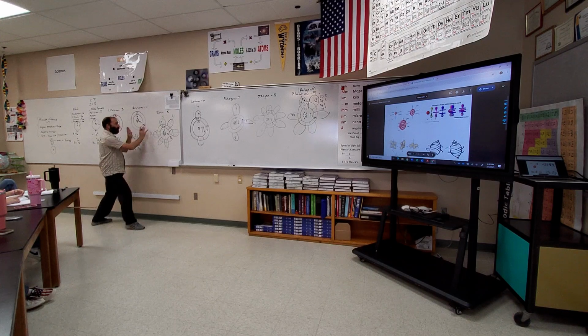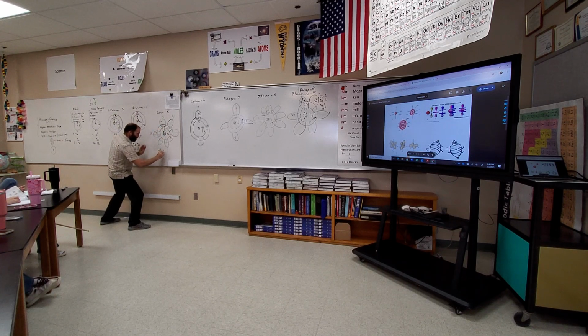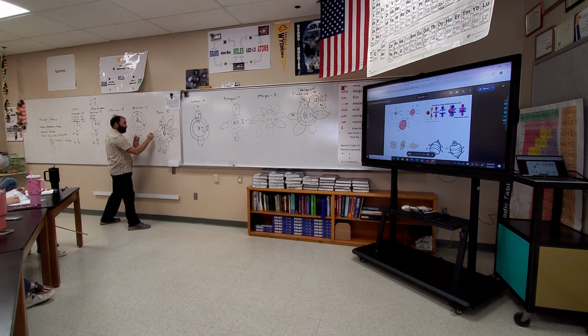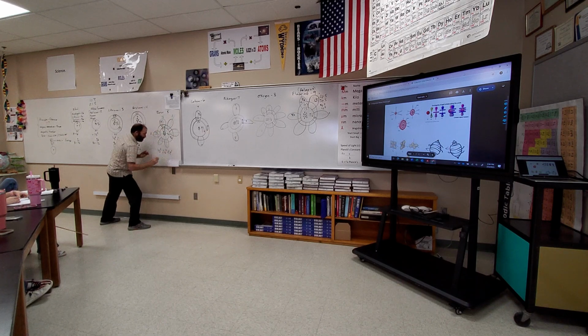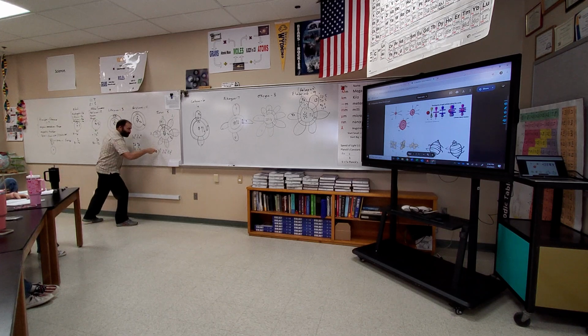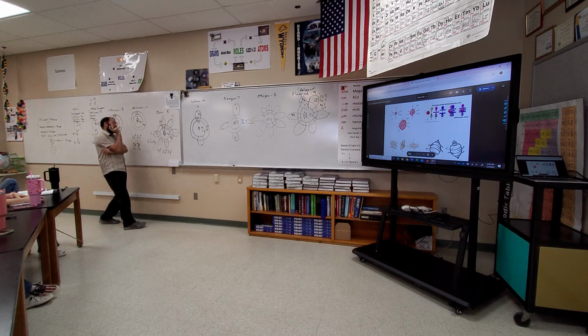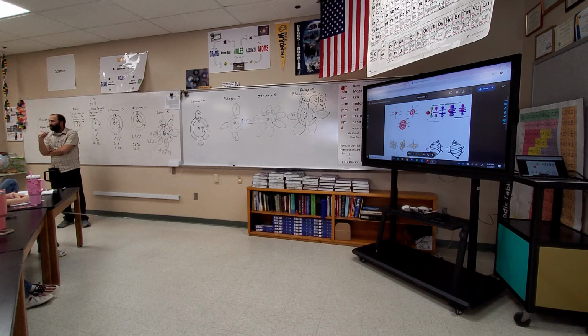So boron is 1s2 and 2s2 and 2p1. All right, but let's now think about it because this really doesn't show the potential. We could also write it as 1s, 2s, and 2p, but how many spaces do we have in 2p?